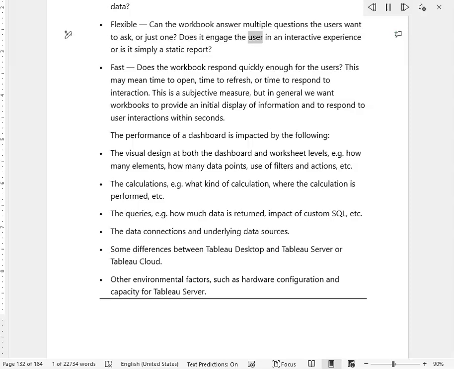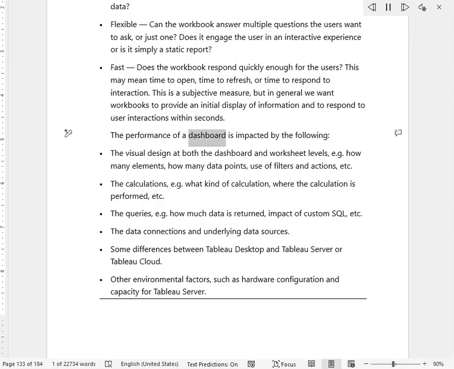Does it engage the user in an interactive experience, or is it simply a static report? Fast: does the workbook respond quickly enough for the users? This may mean time to open, time to refresh, or time to respond to interaction. This is a subjective measure, but in general, we want workbooks to provide an initial display of information and to respond to user interactions within seconds.